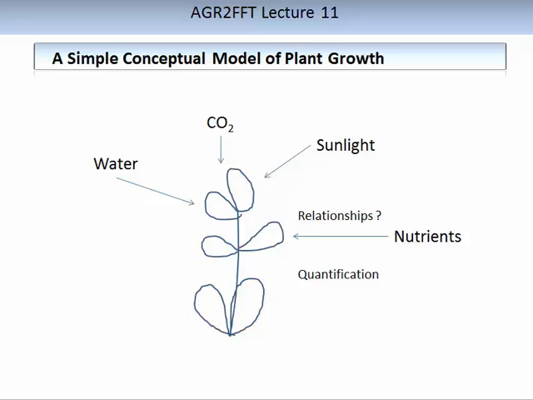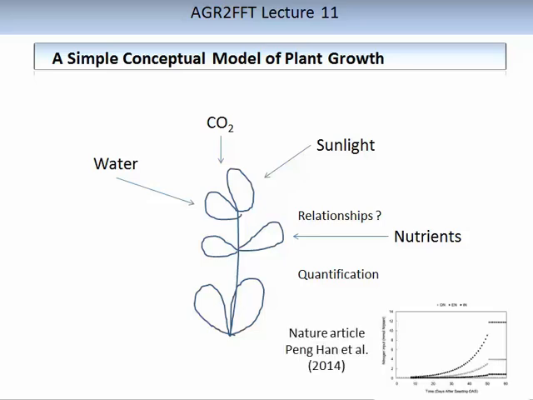As a rule of thumb, a simple one at that, the more nutrients you apply at the correct time, the better your plant growth. You might set up a suite of experiments in order to try and understand this relationship better. The most recent experiments I could find on a quick search was by Peng Han et al. in 2014.